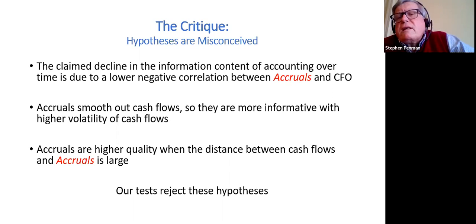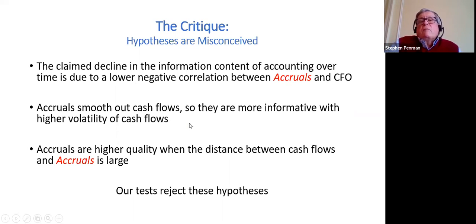That's the Bushman et al. paper in JAR, that there's been a decreasing negative correlation, and that's the reason why we see accruals being less informative. But the point here is that metric is just totally spurious. It won't uncover the quality of the accrual accounting over time, or earnings measurement.